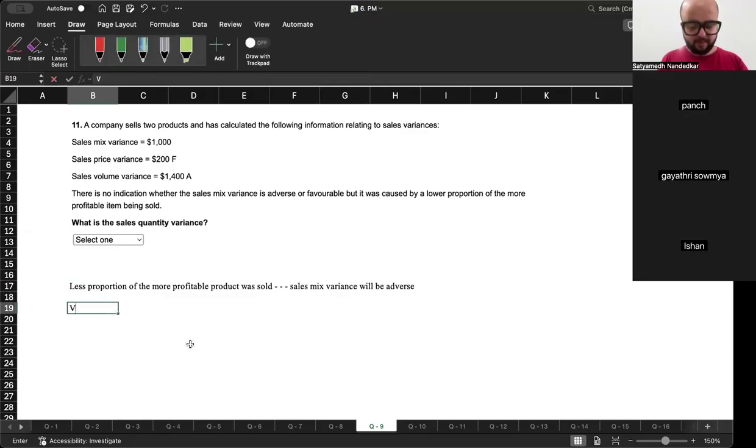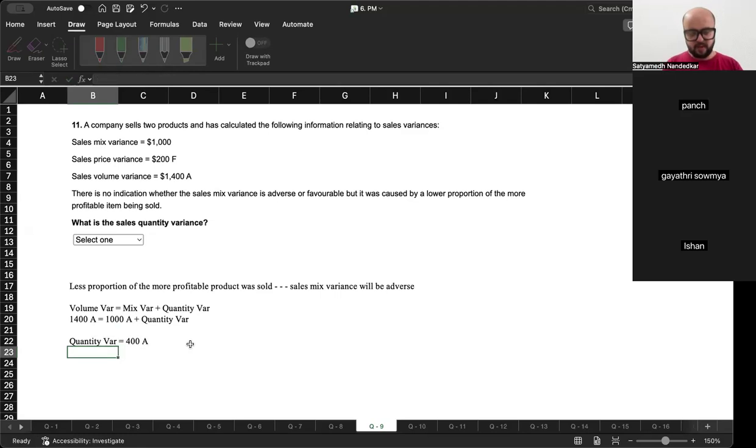Okay. And volume variance is mix variance plus quantity variance. How much is the volume variance? It is 1400 adverse, which is mix variance 1000. Now we know it is adverse plus quantity variance. So your quantity variance is going to be 400 adverse.